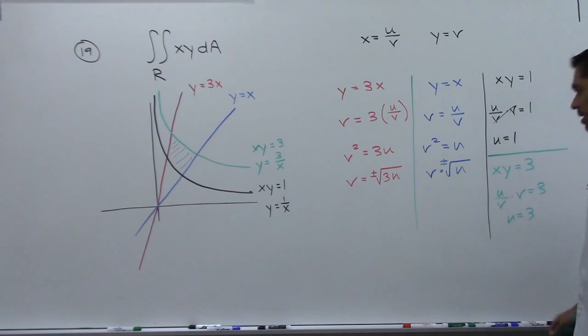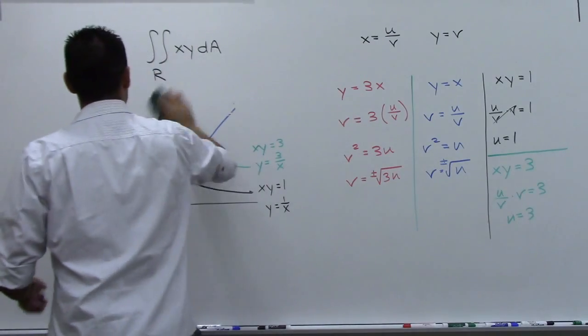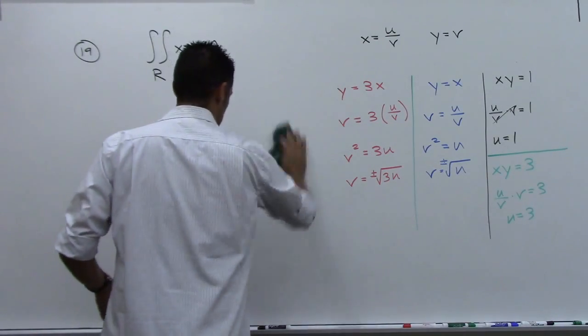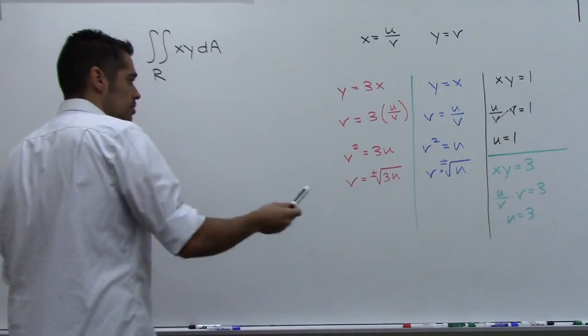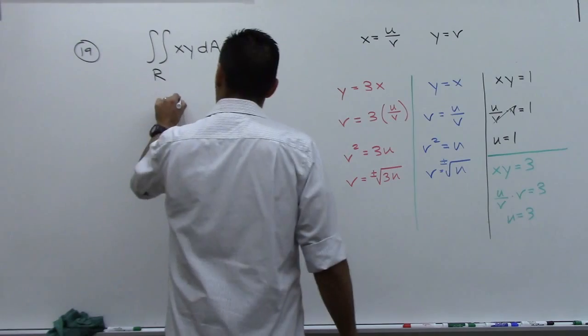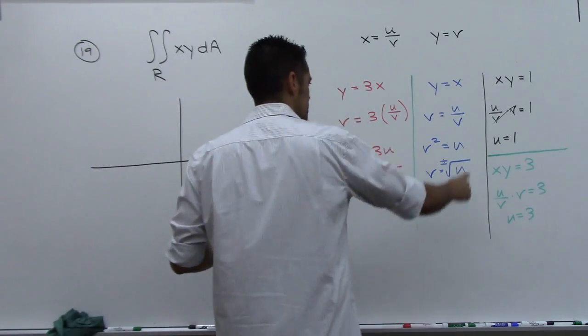All right, let's see if we can draw this in the UV plane. Let me erase this. I should remember that's the region R that I just erased. I'm going to try and see what the image of that is under this transformation. So we have, let's do the easy ones. U is 1.